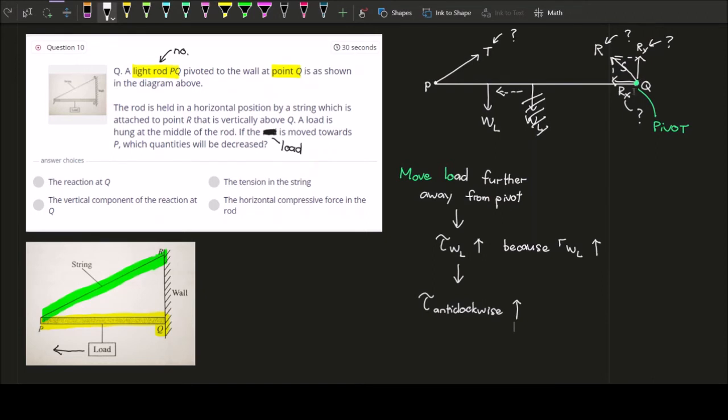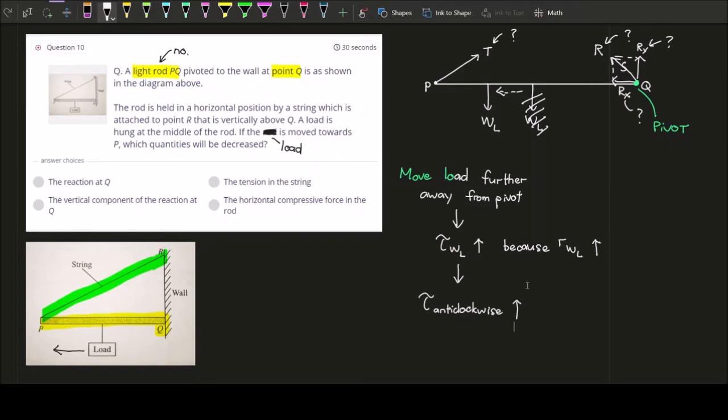If we treat this as the pivot, I don't need to look at the reaction force, because the reaction force will not cause any torque, because the r is 0 for the reaction force. So you have only two forces left, the tension and the weight of the load. The weight of the load is causing an anti-clockwise torque, whereas the tension is causing a clockwise torque for the rod.